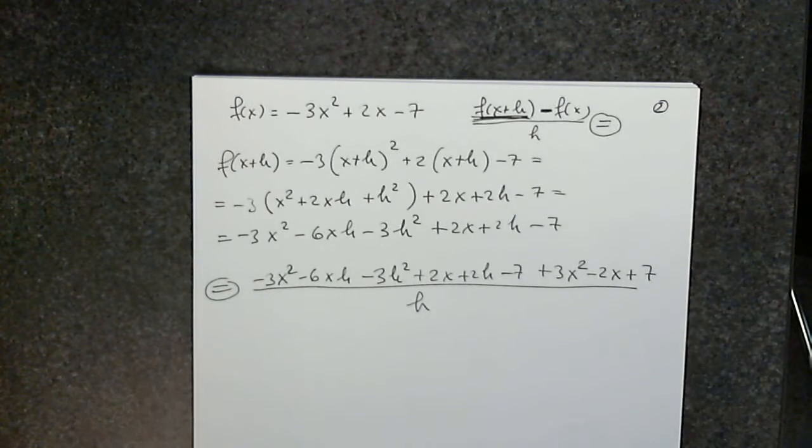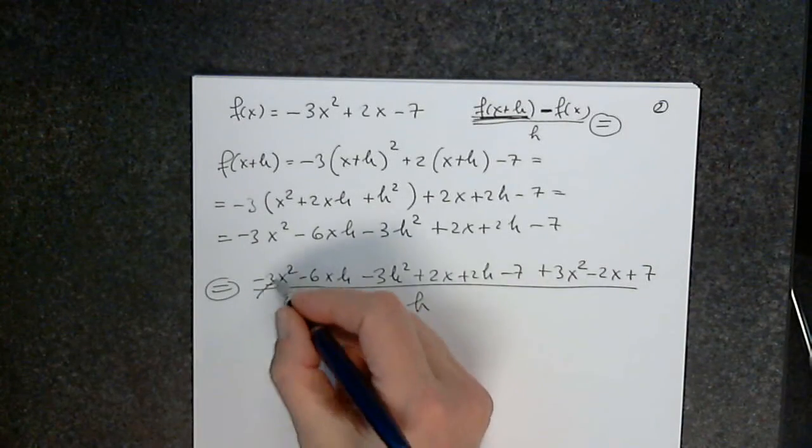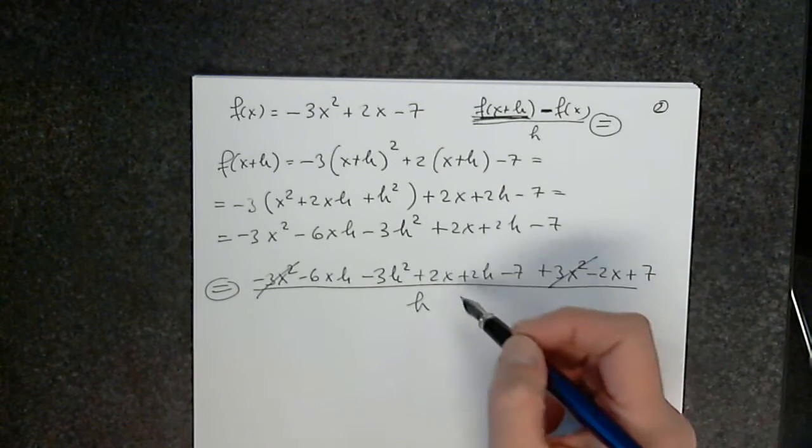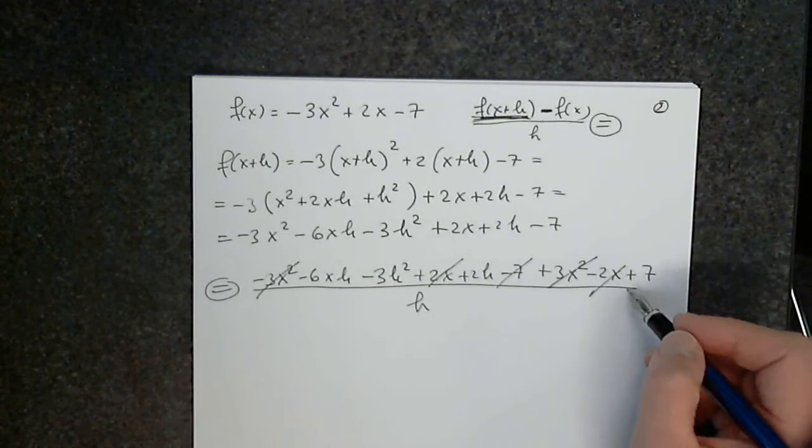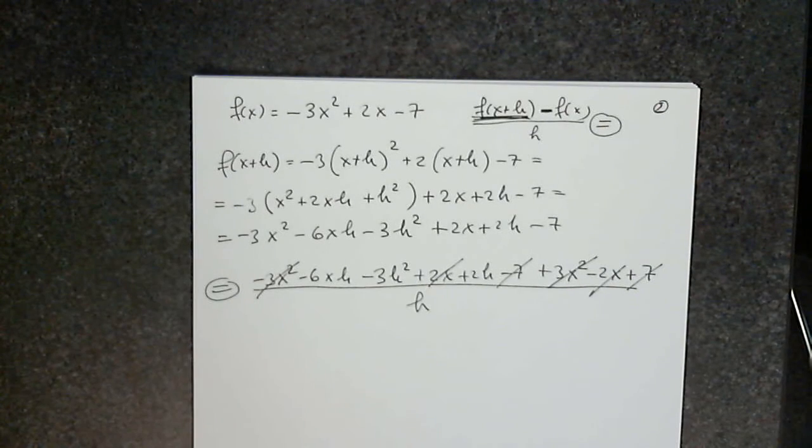So now I know that all terms without h must go away. So negative 3x squared with positive 3x squared, positive 2x with negative 2x, and negative 7, positive 7. Other terms may go away as well, but at least those terms with no h must go away.